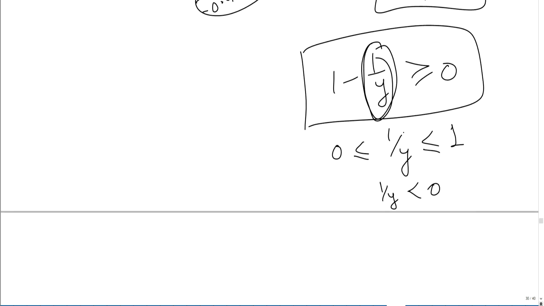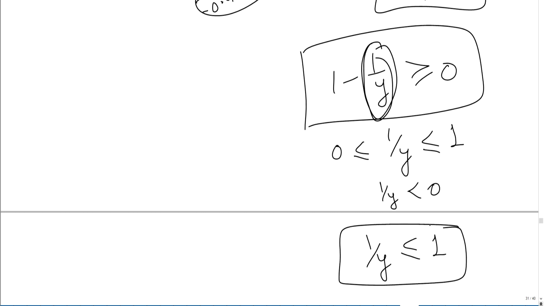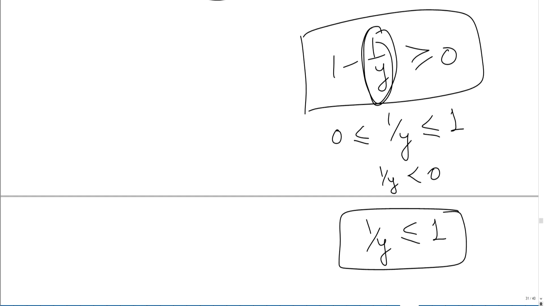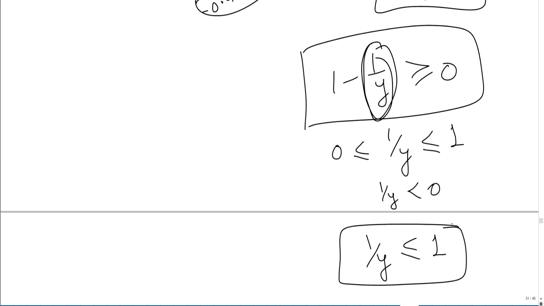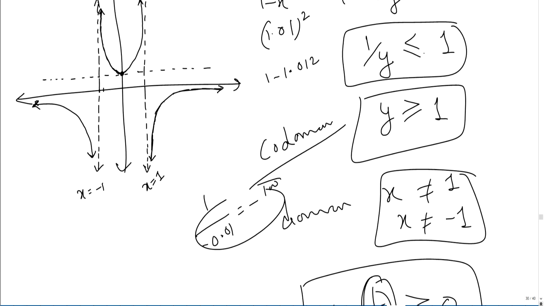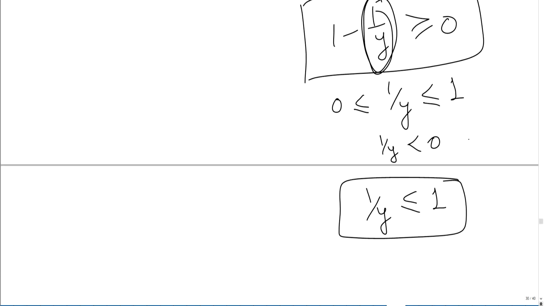So basically what you can say is that if 1 minus 1 by y is greater than or equal to 0, then 1 by y has to be less than or equal to 1. If this statement holds, then there is no problem. This is what we also concluded here, 1 by y has to be less than or equal to 1.